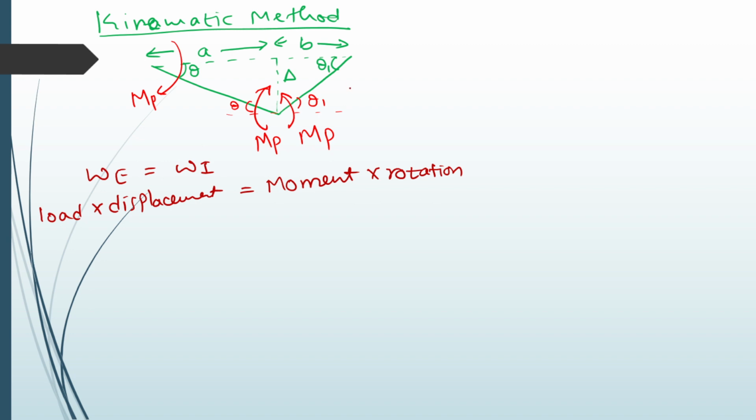This is the collapse mechanism for the beam. For the external work done, we have to identify the delta value for load into displacement.